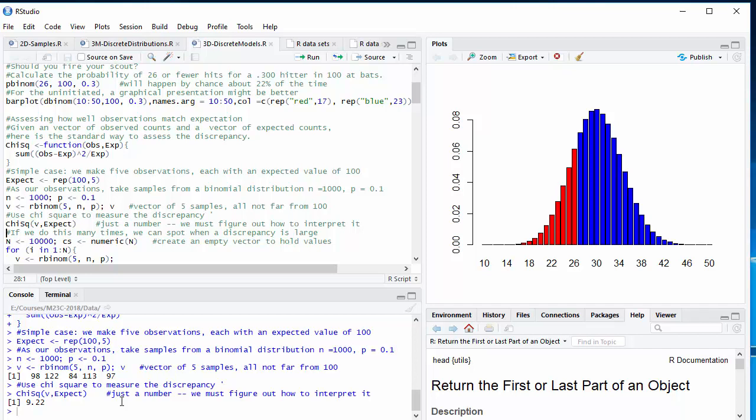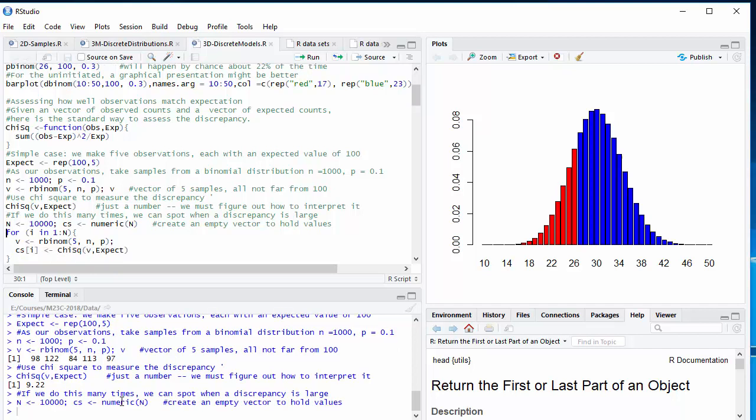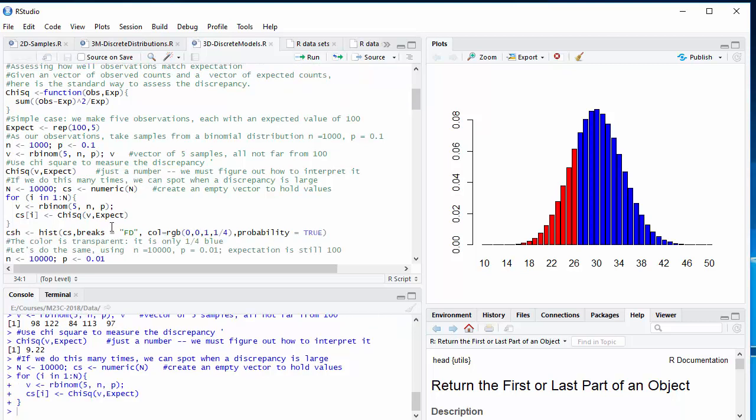With permutation tests as an inspiration, you can see how you might now be able to assess this number. You say, let's try this 10,000 times. 10,000 times, we will draw 5 samples from a binomial distribution with an expected number of successes equal to 100, compute the value of our chi-squared function, and store it in the vector CS.